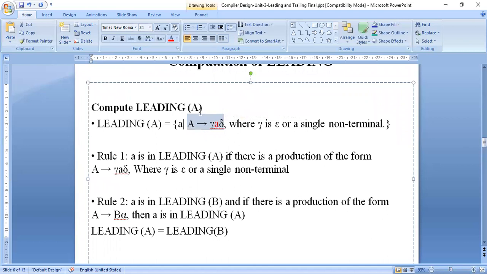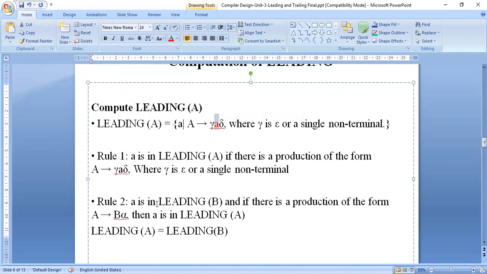For leading as well as for trailing, you have two rules, rule 1 and rule 2. For rule 1, how do you find leading of A? As per the definition we have seen, the leading of A is, from the leftmost to rightmost, the first terminal symbol. This terminal symbol is leading of A.